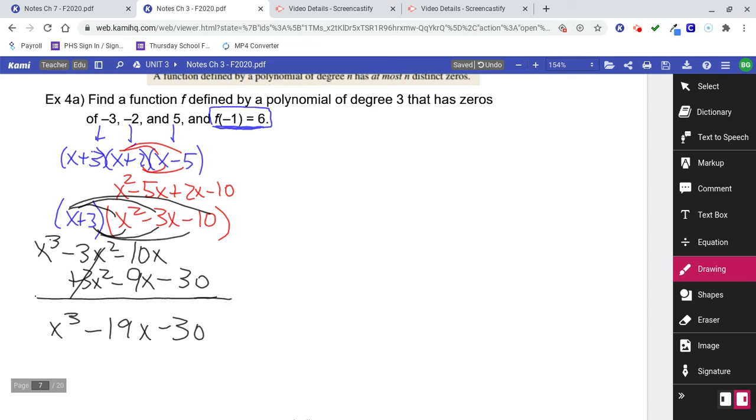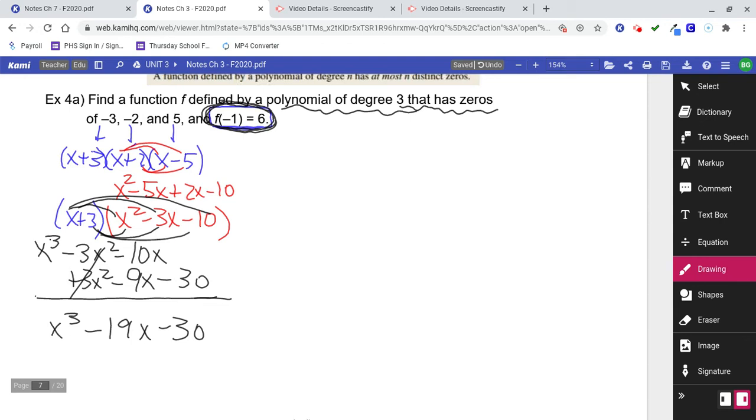Now, it would be nice if we were finished, because that sure looks like a polynomial of degree 3, and that's what they asked me for. That is a polynomial of degree 3 that has those zeros, but the problem is, and there will be some of you that will skip this, we haven't used this information in any way.